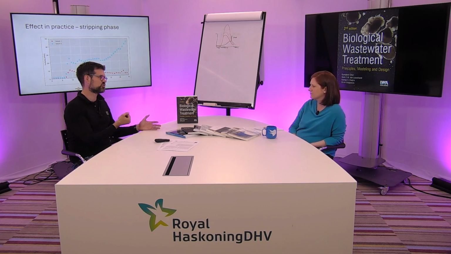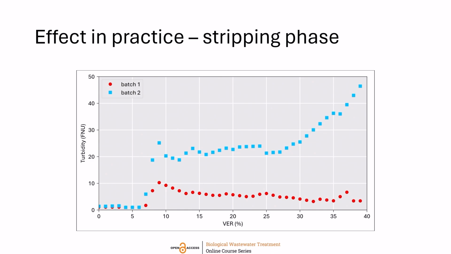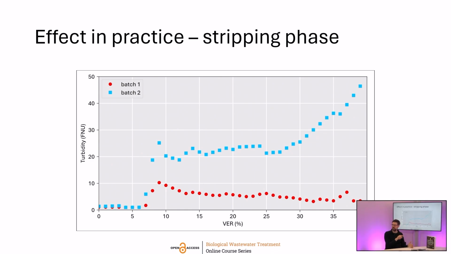So if you don't have that stripping run, you see the turbidity really going up during the feeding phase. And you see that in the graph at the upper line, or the dots, you see the turbidity going up during the feeding phase. That's because you push your water over the solubility boundary.